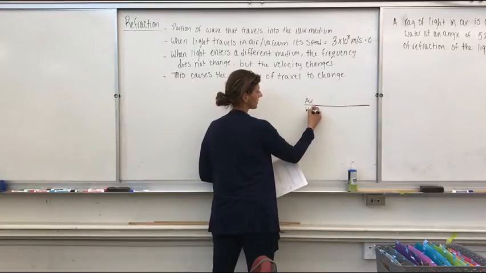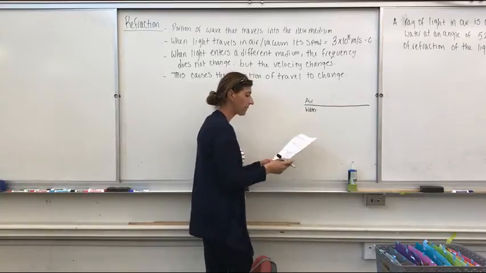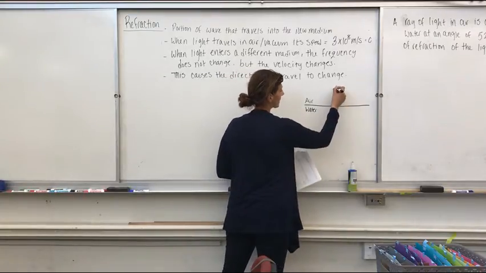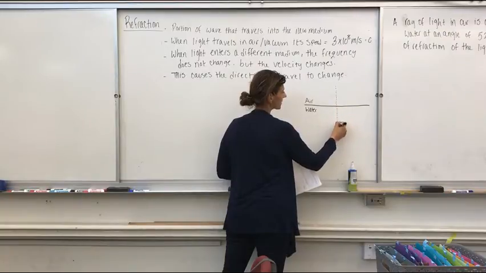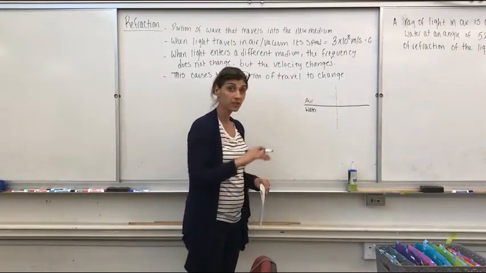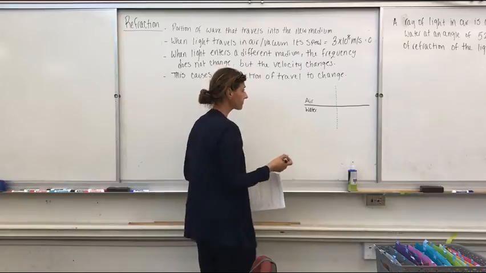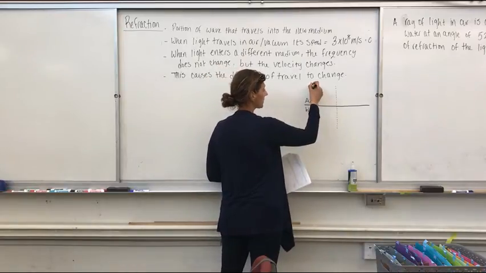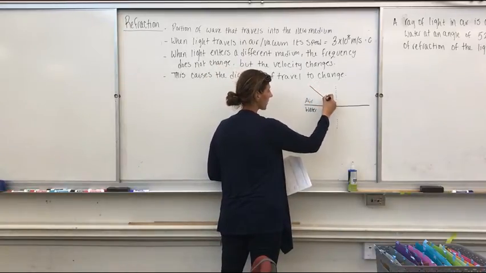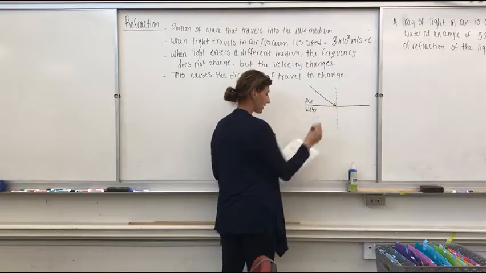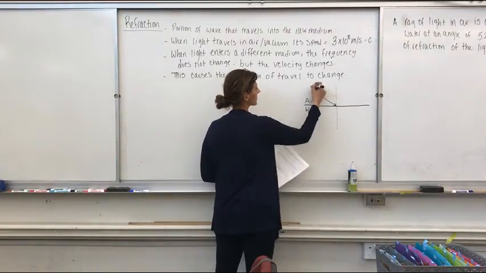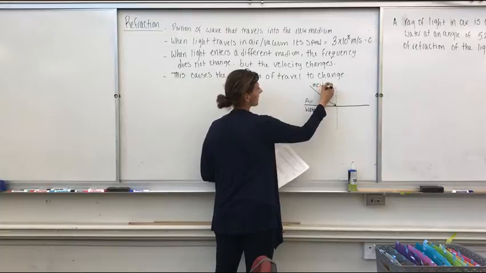Let's pretend we have air and water here. Remember we talked about this imaginary vertical line that's perpendicular to the boundary. That's where the light will bend. So here comes the incoming ray. We call it the incident ray.